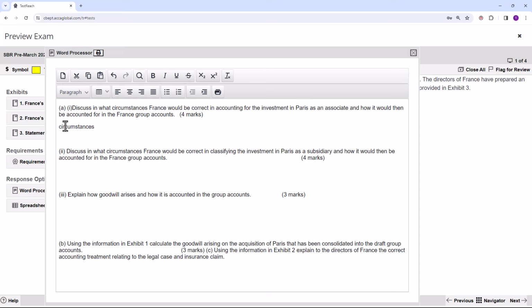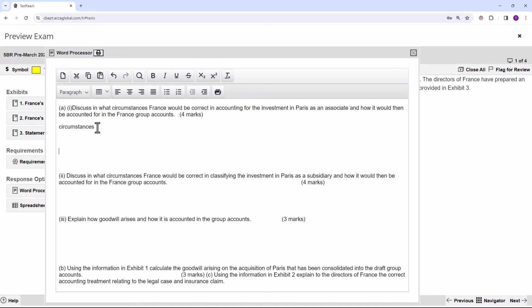Now, if you remember when we read the initial information, we bought 4 million of the 10 million. It's a 40% relationship. But we've got to discuss the circumstances that would be correct and then how it would be accounted for. And this is on the basis that we're looking at it as an associate.